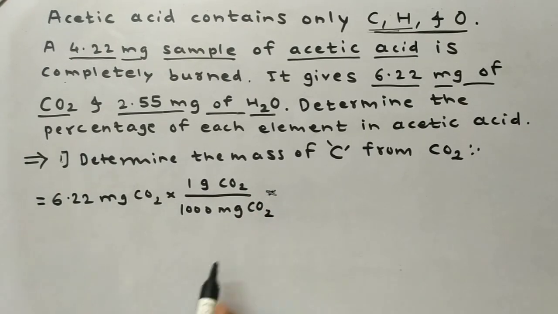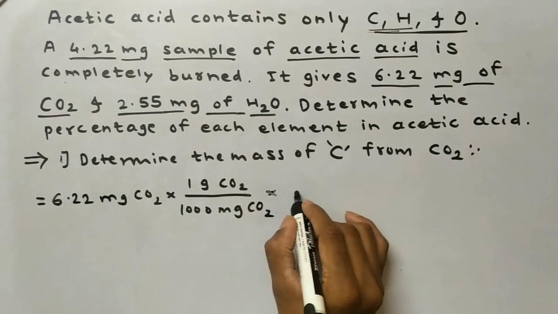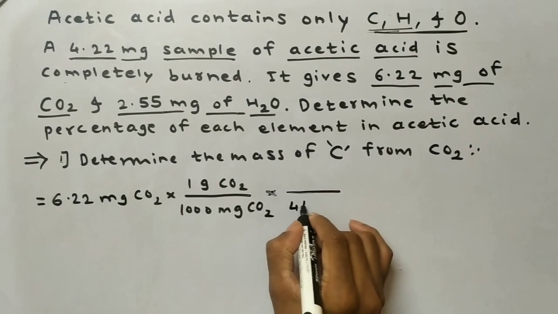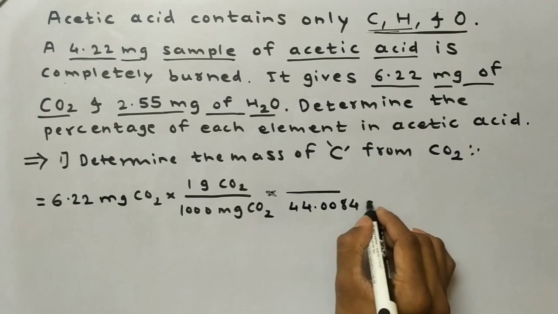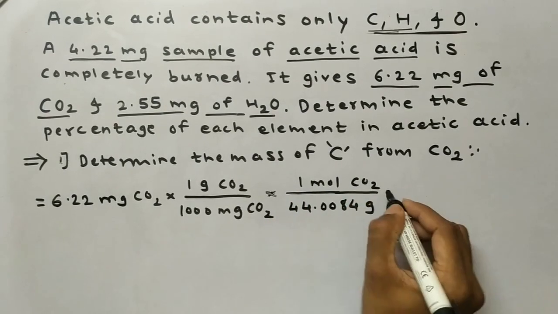Now we need to convert these grams of CO2 to moles. So we'll use the molar mass here. So what is the molar mass of CO2? 44.0084 grams per 1 mole CO2.